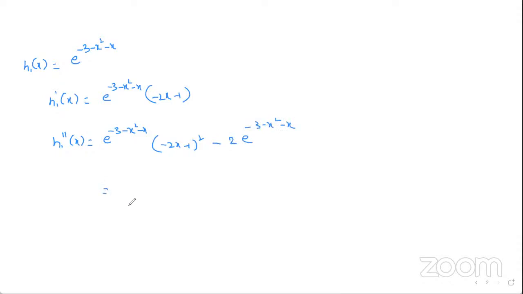We are at the same point again: 4x square plus 4x minus 1 into e power minus 3 minus x square minus x.